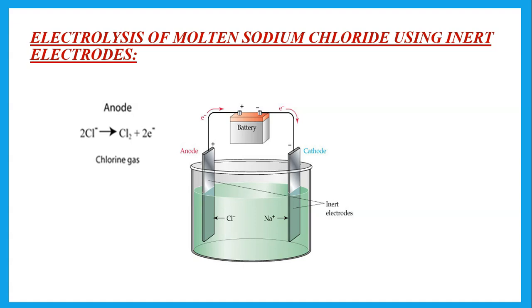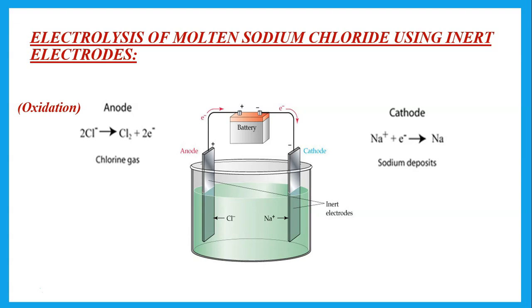What do they do at the anode? Lose electrons. Loss of electrons is oxidation. So the chloride ions go to the positive anode, lose electrons and become chlorine atoms. And then the atoms join together and form molecules.